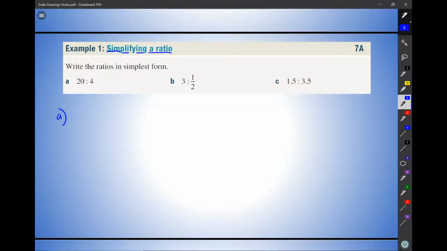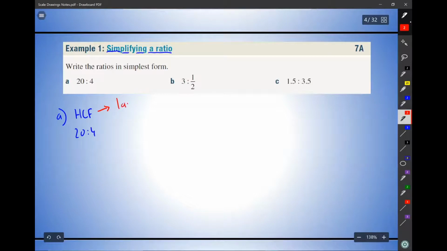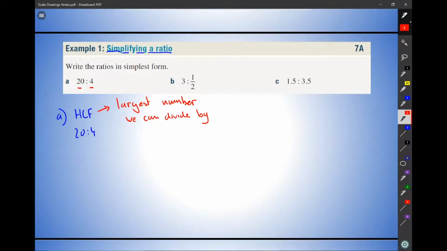What we want to do is find the highest common factor of 20 and 4. What the highest common factor is, if you don't remember, is the largest number we can divide both 20 and 4 by and still get a whole number solution.